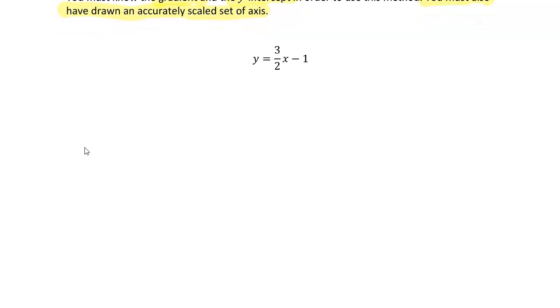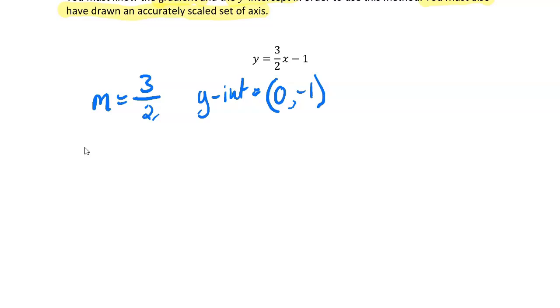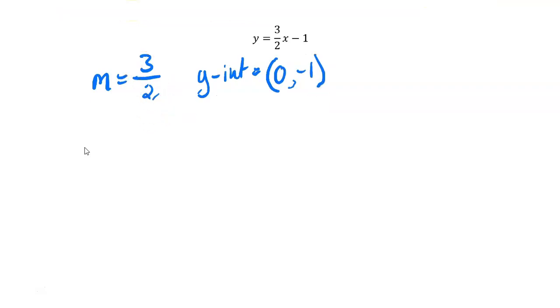So let's go through these examples. So we have here y equals 3 over 2x minus 1. So our gradient or slope is 3 over 2. Our y-intercept is at 0, negative 1. Okay, so this gives us our first point.